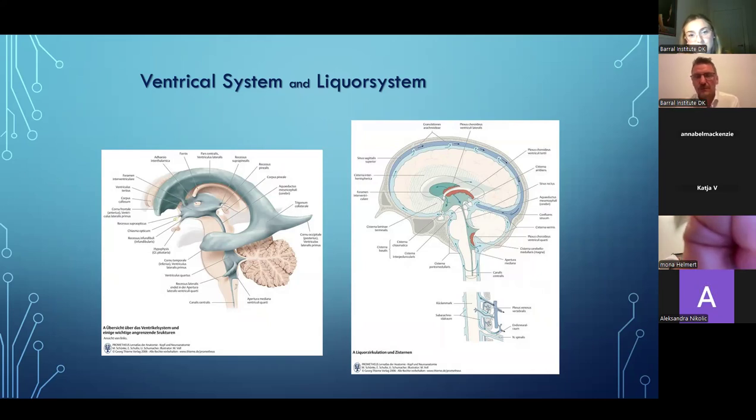This will come from the brain and empty out into the venous system. You can see on the other image where the granulations will then have the cerebrospinal fluid coming into the venous system, where we will talk about how to drain also the brain.